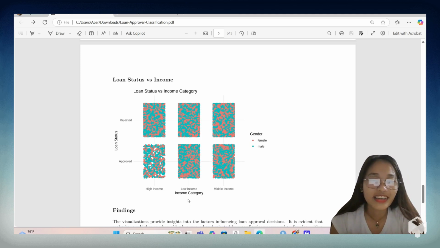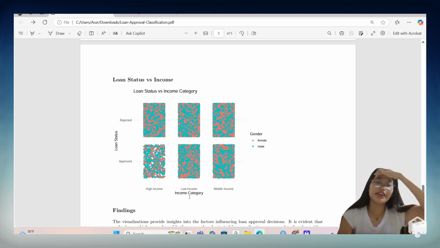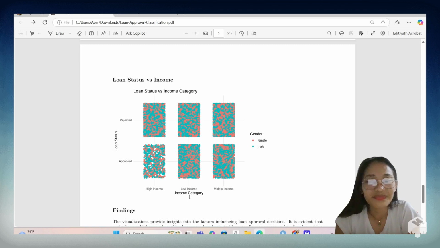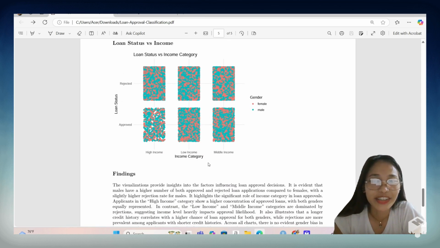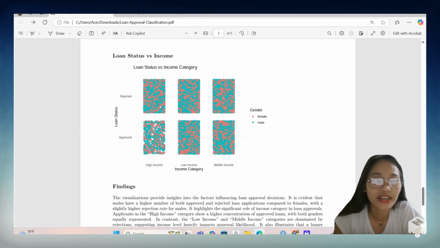So in the x-axis, we have the income category. Sorry, sir, I lost focus. Here, the colors are represented by gender. As we can see here, this is the high income, low income, and middle income.